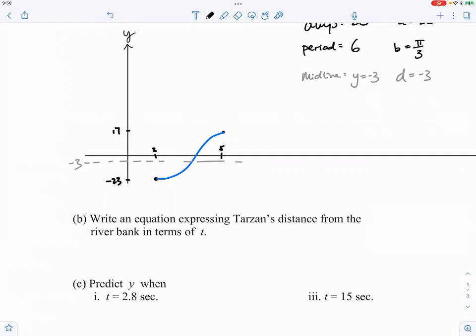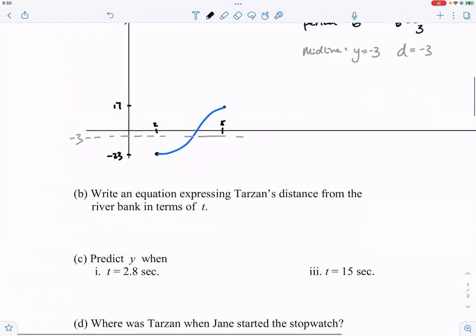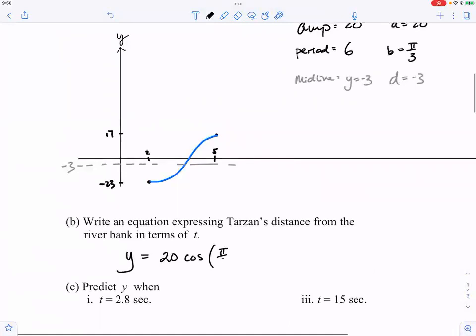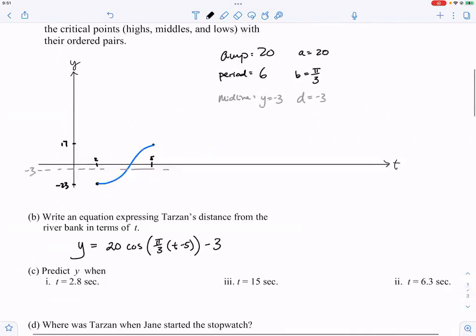So if I'm going to use the regular cosine function, I'm going to say it is 20 cosine, and then the b value is pi over 3, and then t minus 5, and then minus 3. If you want to use cosine because you can see the peak right here, then you just describe the shift right there. It's 5 units to the right.